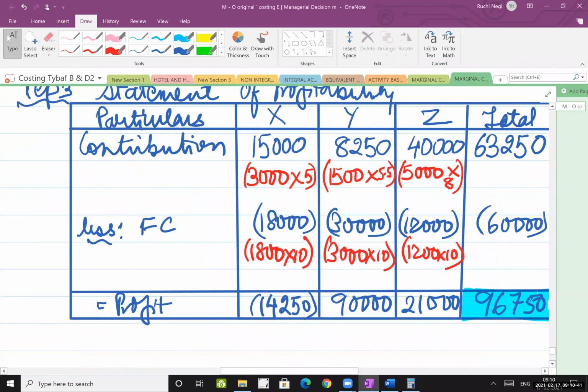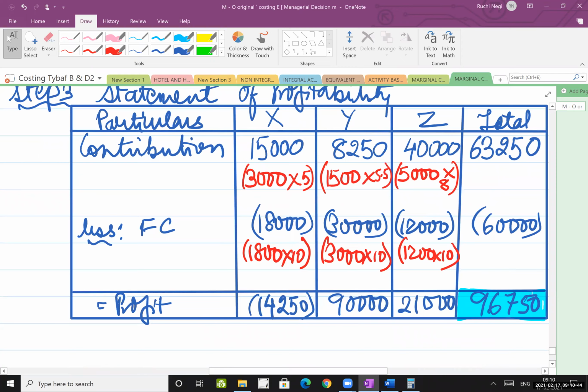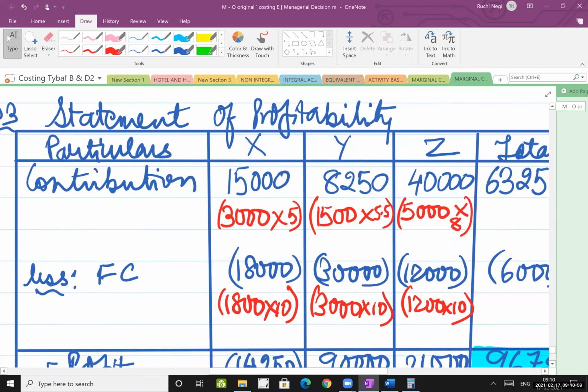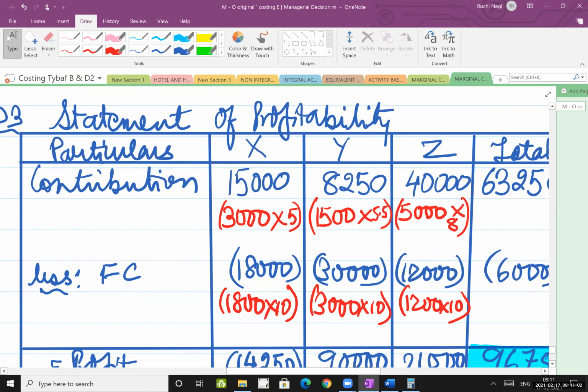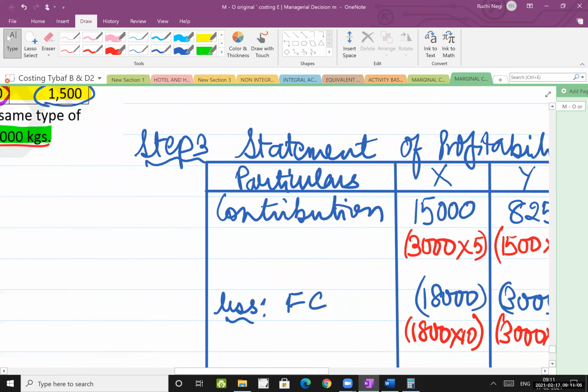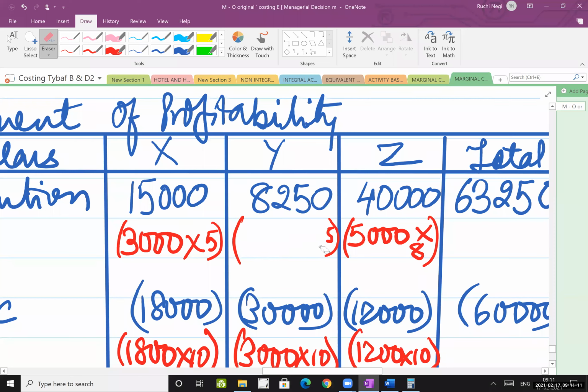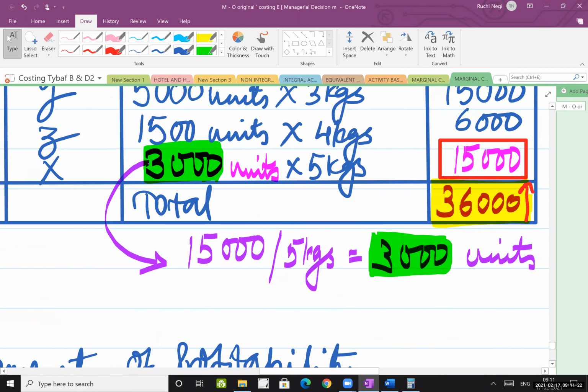Okay. Next, fixed cost. Fixed cost will not change whether labor is limiting factor or raw material is limiting factor. Okay, Z is 8 rupees. So Z's maximum possible units, how much did we take? 5,000.